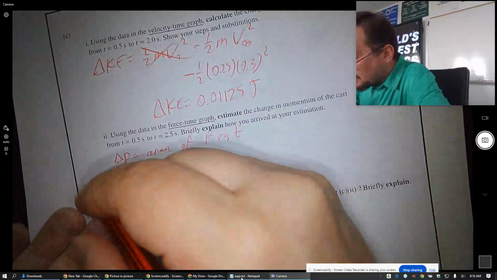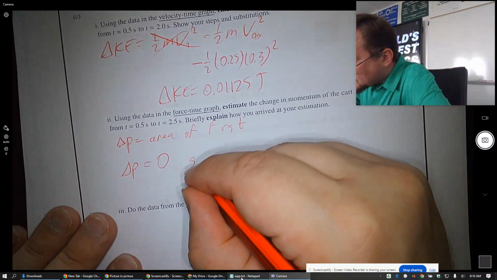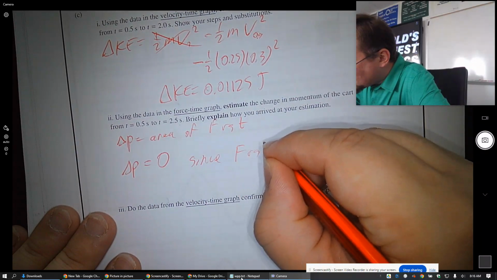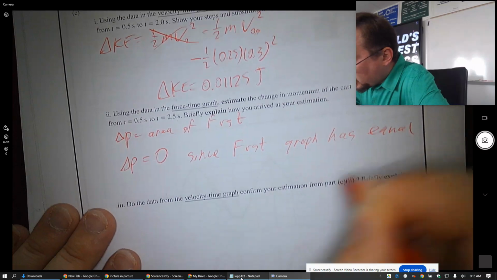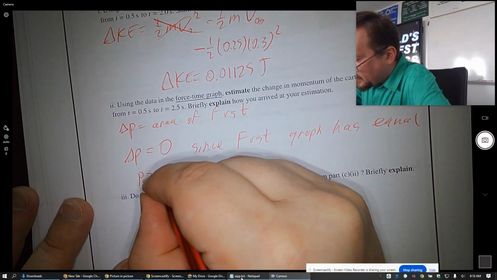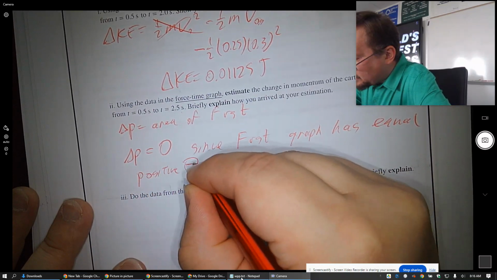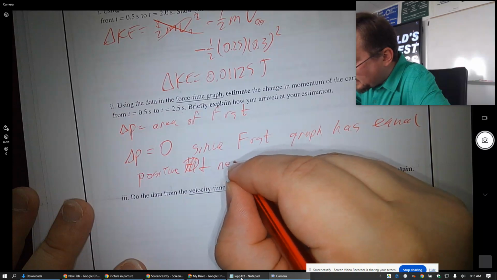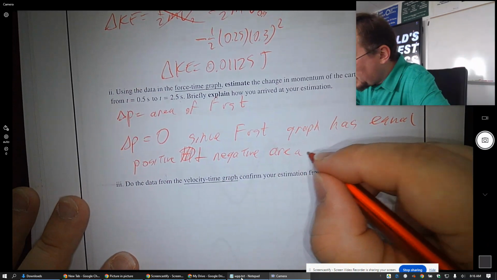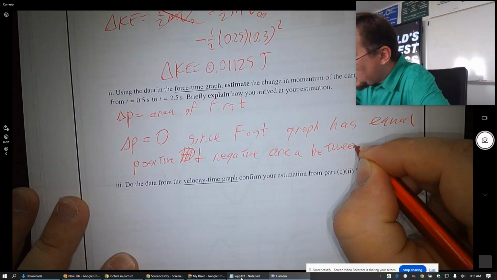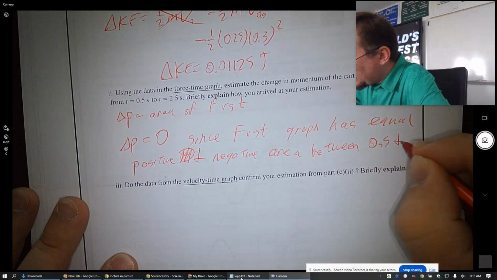I'm going to say this: the delta P is 0 since the force versus time graph has equal positive and negative area between 0.5 and 2.5.